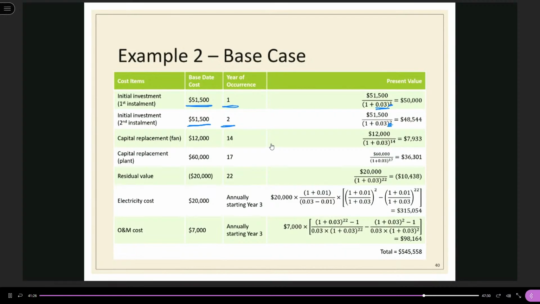And replacement fees happen on the 14th and the 15th year. This is because the fan has to be replaced after 12 years of service, and the plant has to be replaced after 15 years of service. Okay.